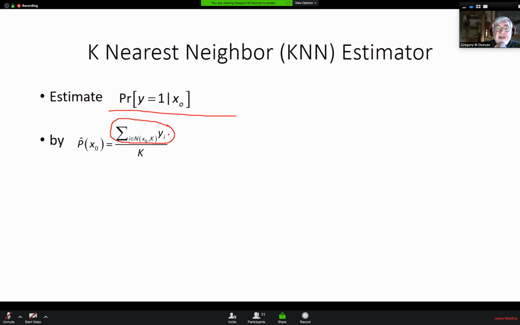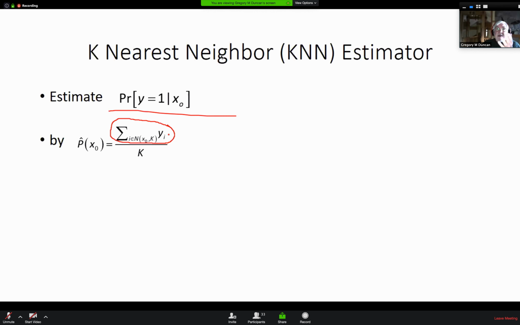Let's say it turns out that nobody with characteristics close to the young lady with characteristics x0 bought a big screen TV. Then I'm going to predict she's not going to buy a big screen TV. Let's say everybody with characteristics like her bought a big screen TV. Then I'm going to predict she's going to buy a big screen TV.